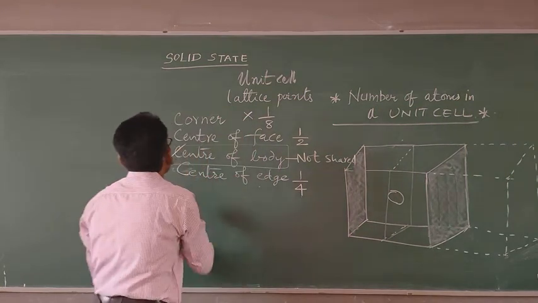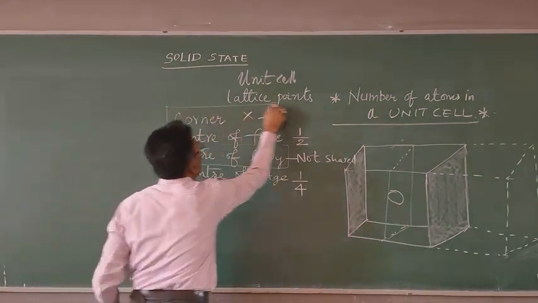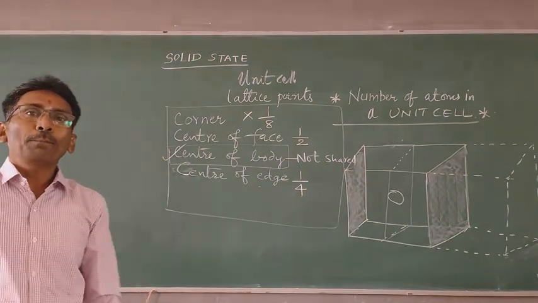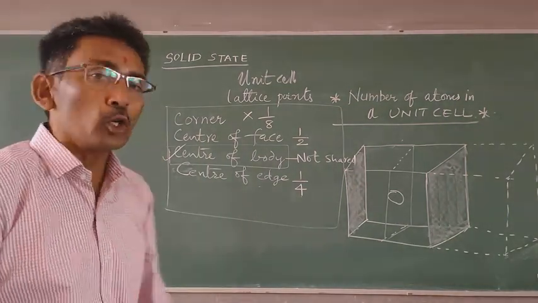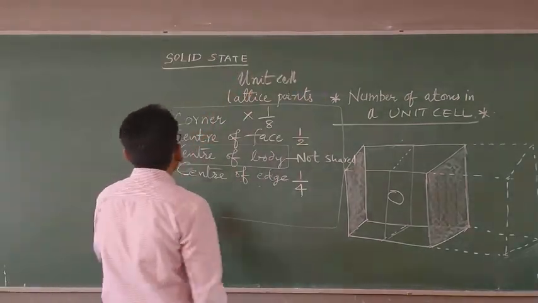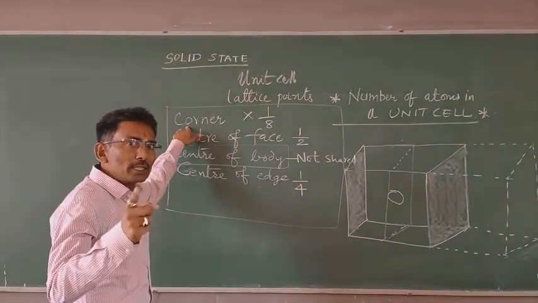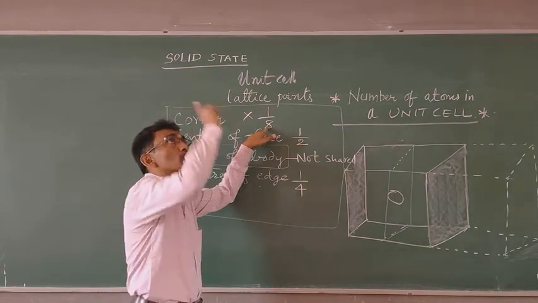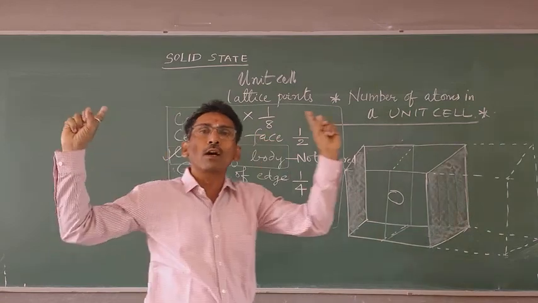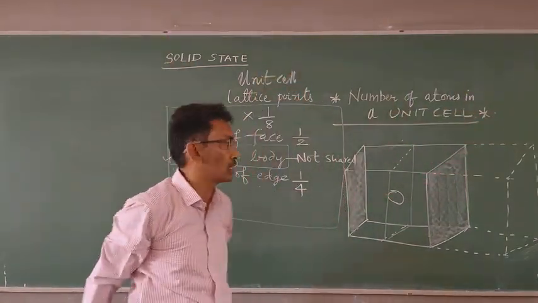So this is the main idea about how much portion of the particle belongs to the present unit cell. A particle at a corner has only 1/8 belonging to this unit cell, and the remaining 7/8 belongs to neighboring unit cells.